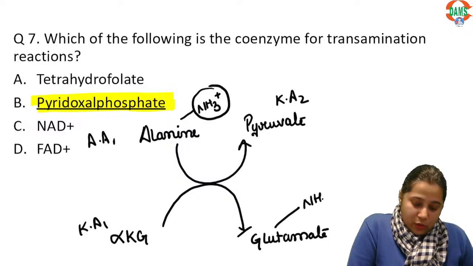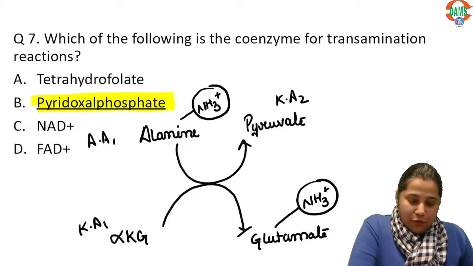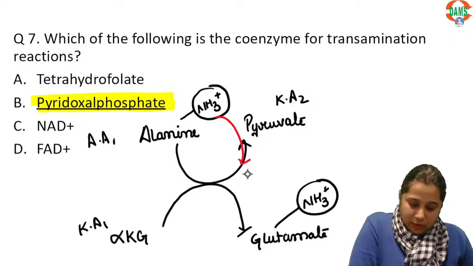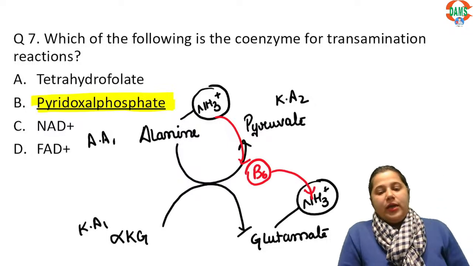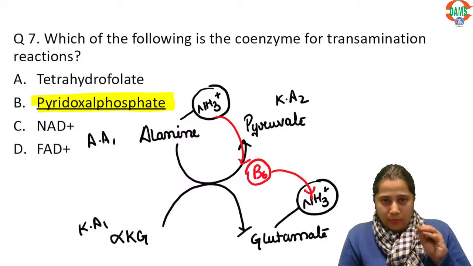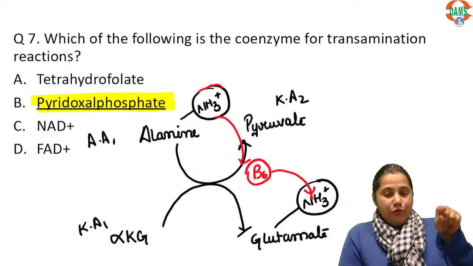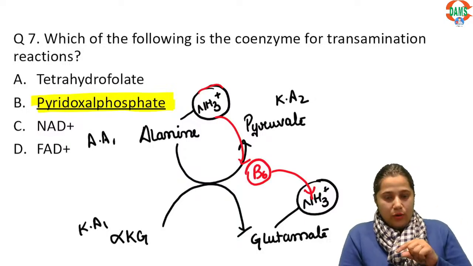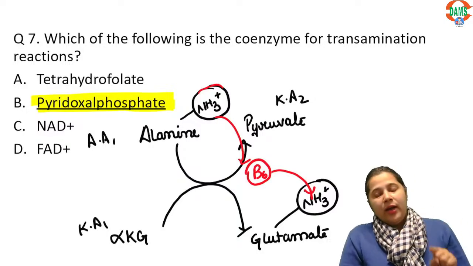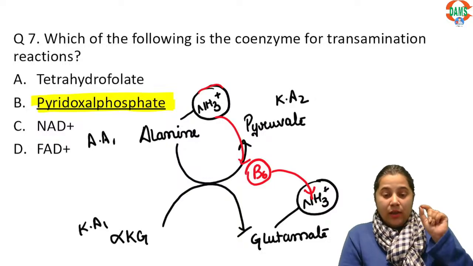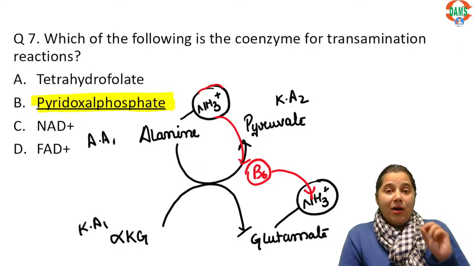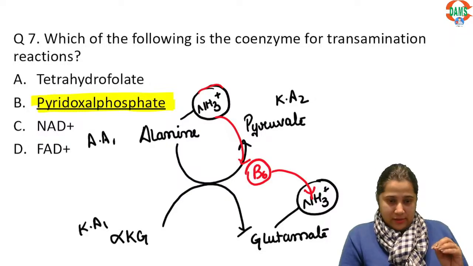So how did this ammonia travel? It jumped from here to vitamin B6, and then from vitamin B6 it ultimately lands to form glutamate. So this ammonia is jumping from alanine to vitamin B6 and then to glutamate. So during a transamination reaction, there is a must need of vitamin B6.